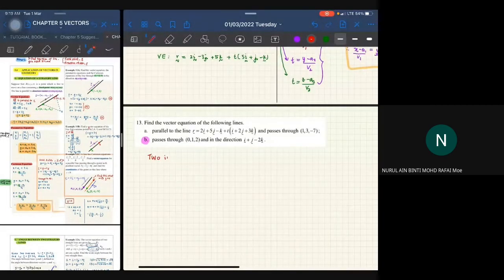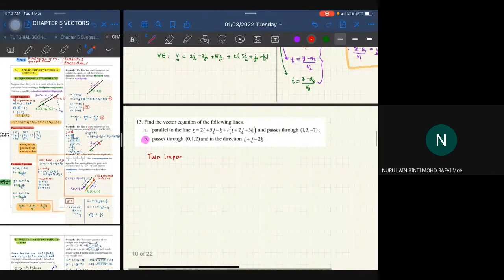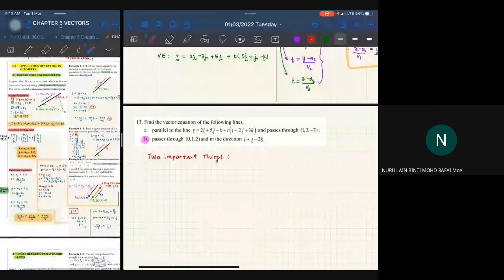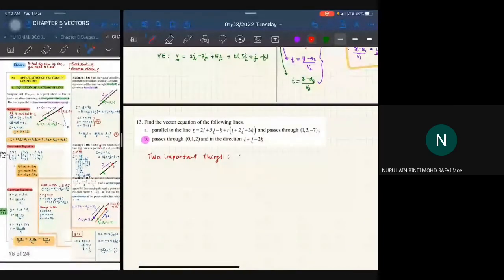Two important things. A and also V. Thank you, Tom. Okay, so dua benda yang sangat penting before kita boleh cari kita punya equation is A, your fixed point, and then your V, direction vector.